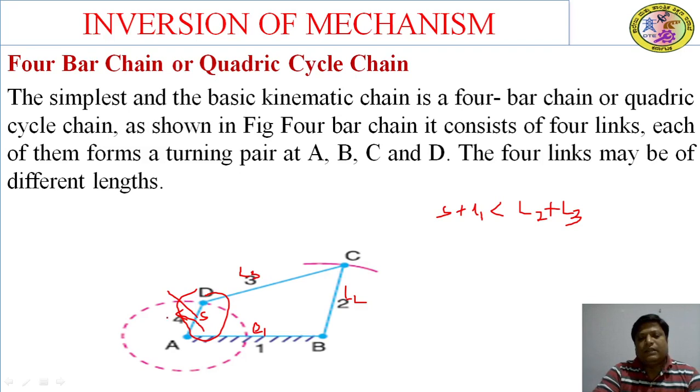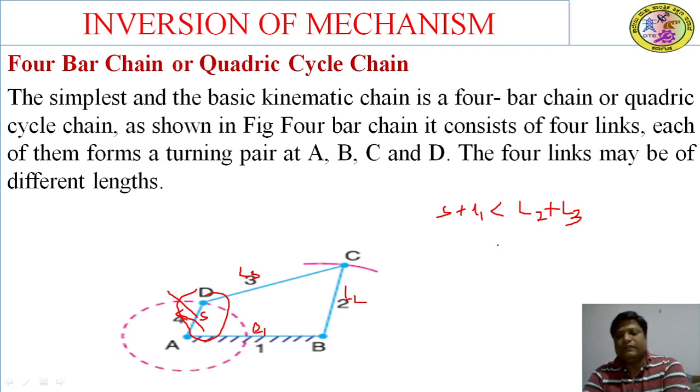The shortest link revolves at point A, so rotary motion is transformed into oscillatory or reciprocating motion, or vice versa. Grashof's law states that the sum of the shortest and longest link lengths should not be greater than the sum of the remaining two link lengths, L2 and L3.